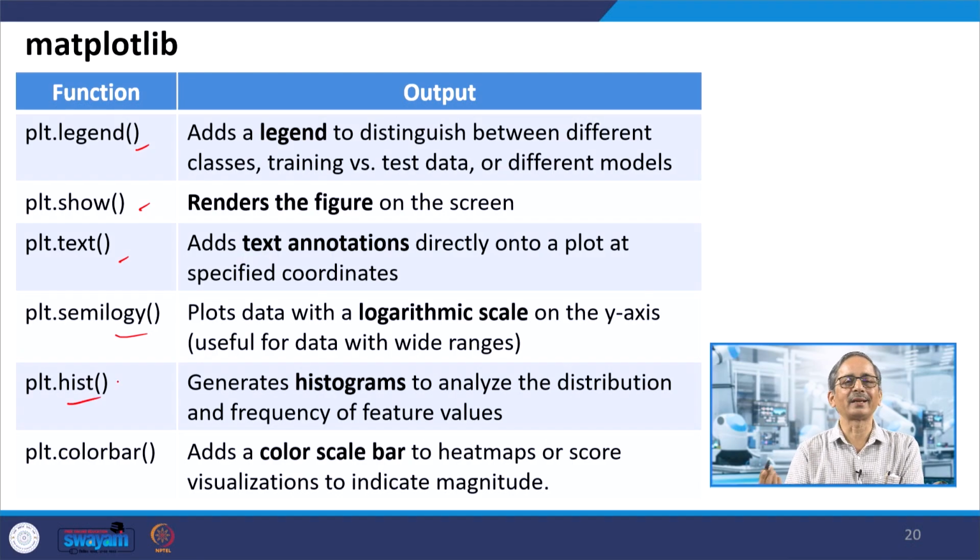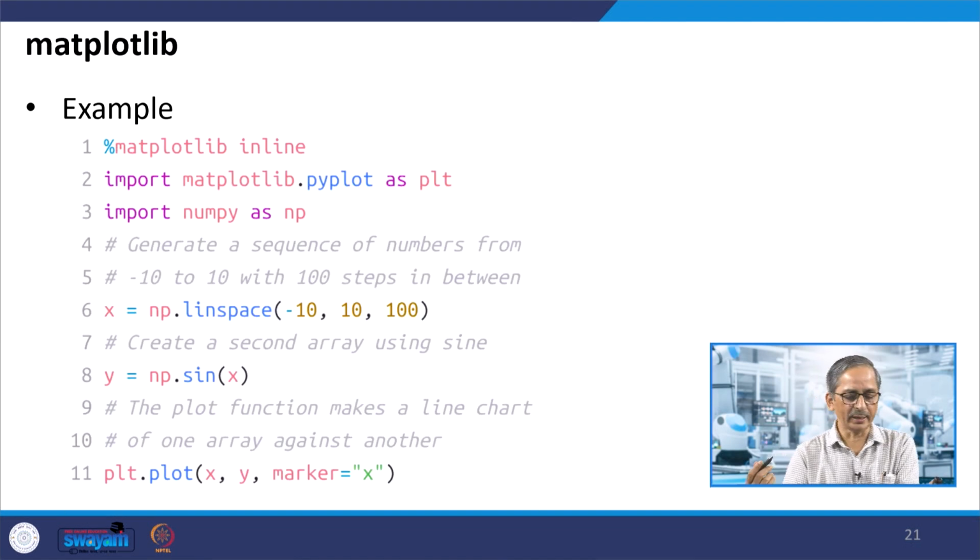Dot hist is basically for the histogram, and dot color bar adds a color bar to the heat map or score visualization, to indicate the magnitudes. So here is an example. We can have matplotlib, import NumPy, then generate a sequence of numbers from, say, -10 to 10 with 100 steps in between.